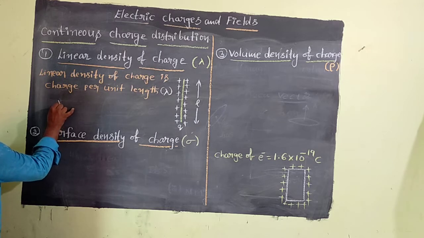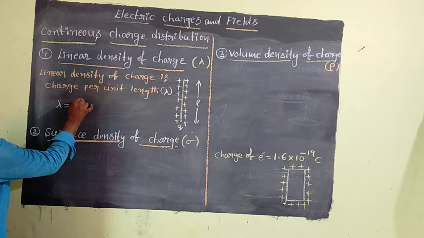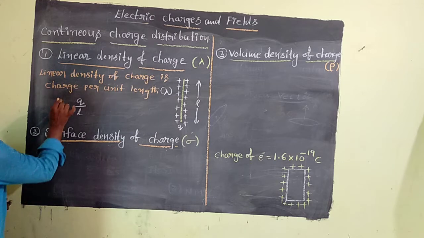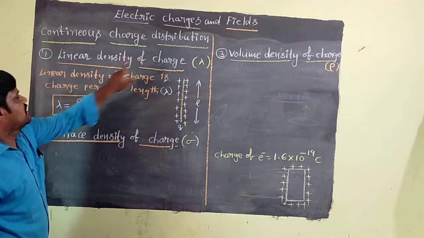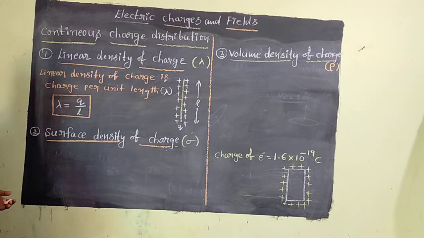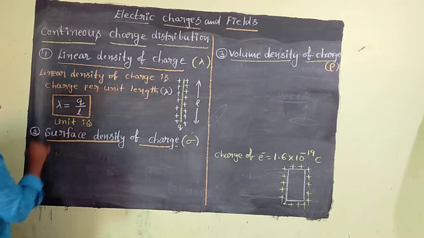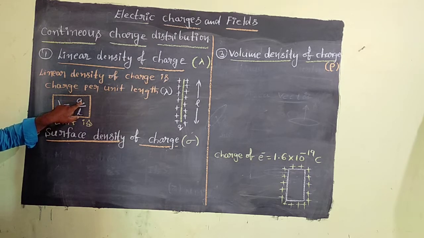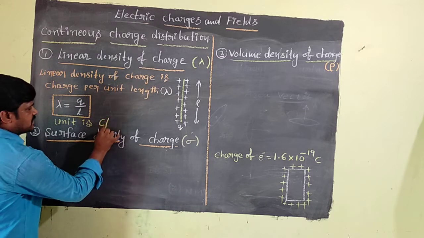Here linear density of charge, lambda, is charge per unit length. Now, what is the unit for linear density of charge? Lambda equals Q by L. For charge, the unit is coulomb, and for length, meter.